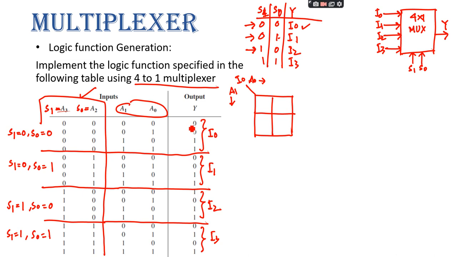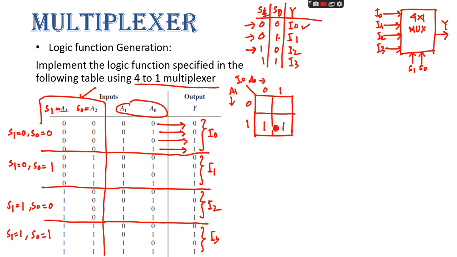So where should I put 1? The last 2, right? 0 0 gives 0, 0 1 gives 0, 1 0 gives 1, and 1 1 gives 1. So the last 2 squares, right? Yes, sir. It should be 0 1 0 1.